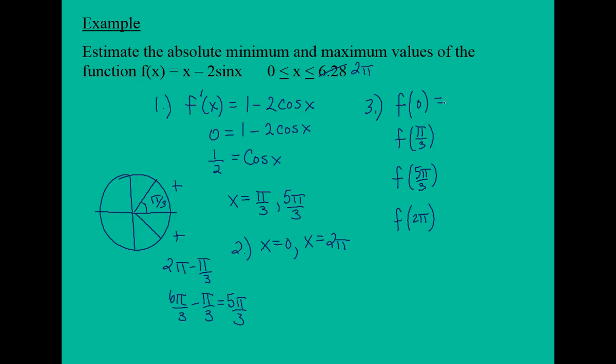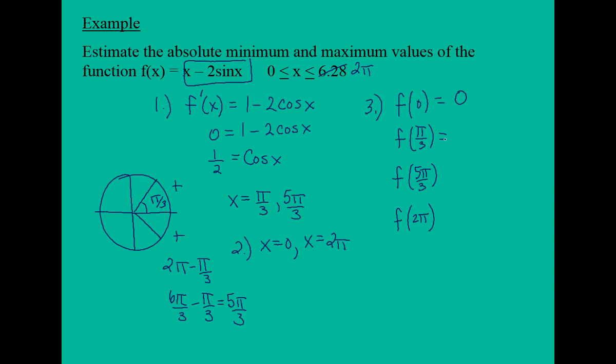So we would get f of 0, if we plugged 0 back into our function, you'd get 0 minus 2 times 0, 0. Now if we plugged in pi over 3, I'm going to convert these into a decimal approximation so we can compare them easier.